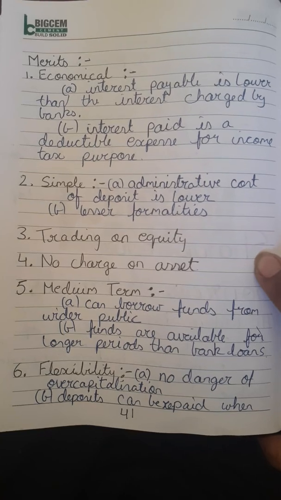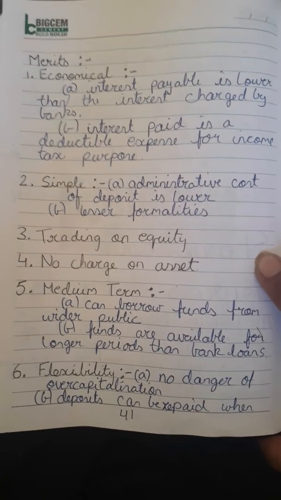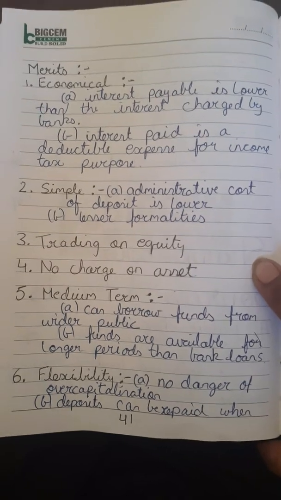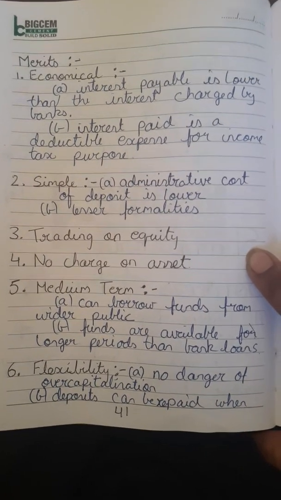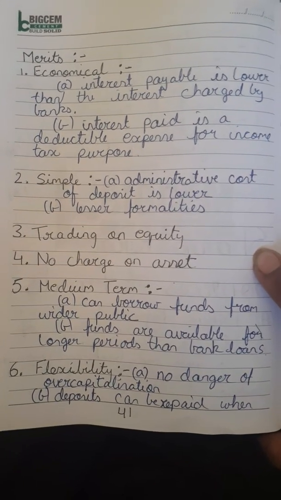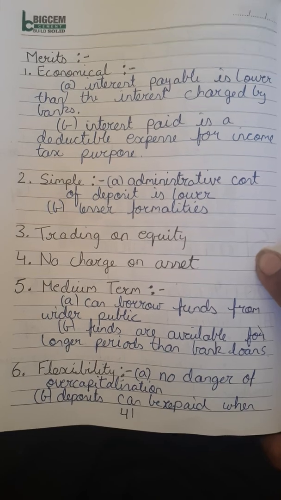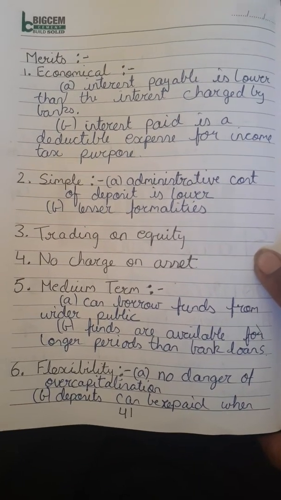Second advantage of public deposit is it is simple. Administrative cost of deposit is comparatively lower in comparison to shares and debentures, and very few formalities are involved in public deposit.